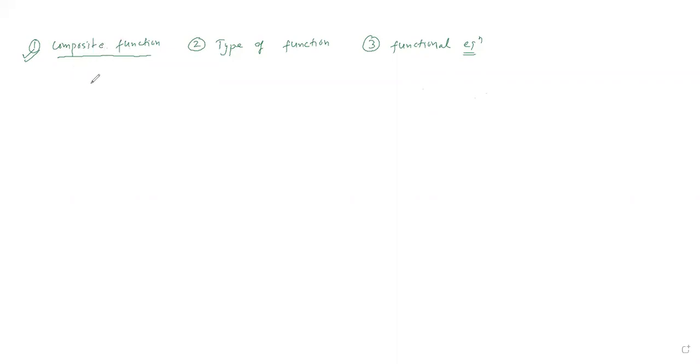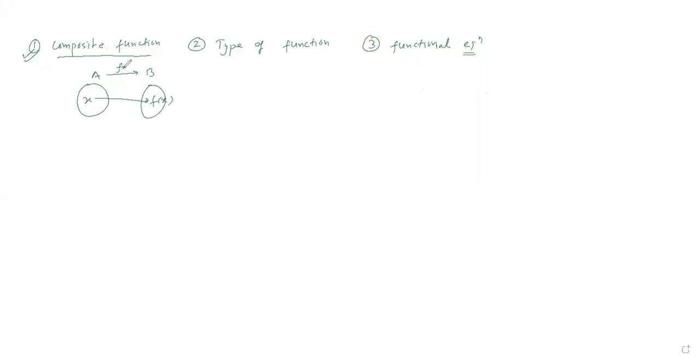Composition of function means two different functions are given to you. This is your domain, set A, set B. Let us consider the name of this function to be f. If this is x, then this is f of x.